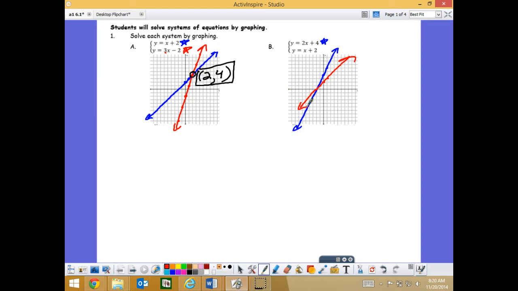And the point of intersection of those two lines is right there on the x-axis, and the coordinates of that point are -2 and 0. So that is a solution of that system of equations.